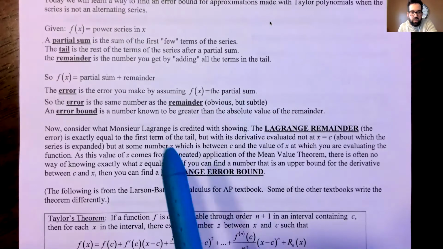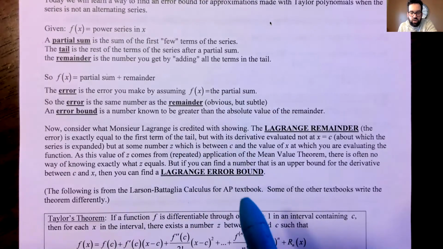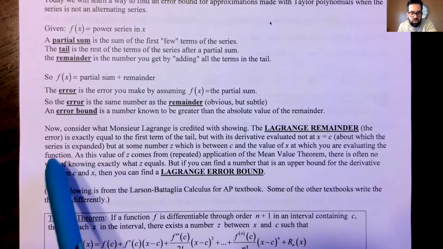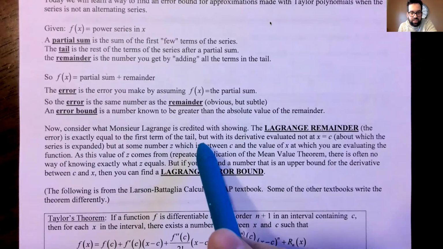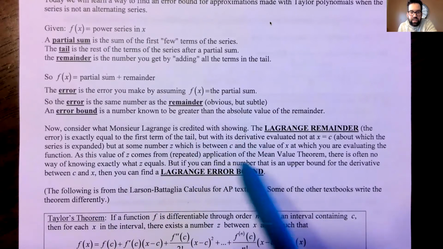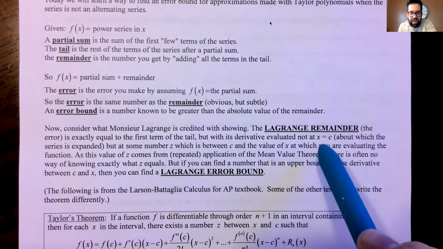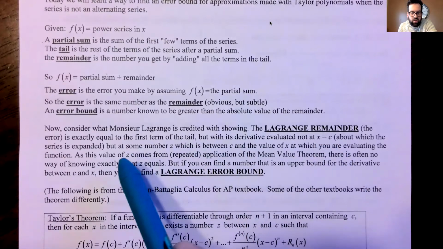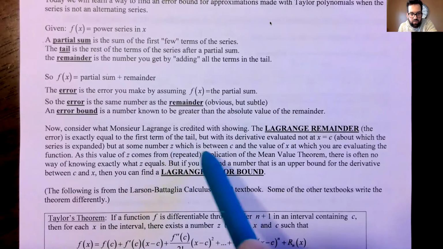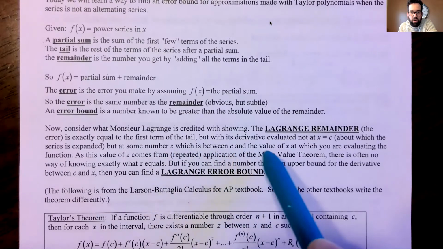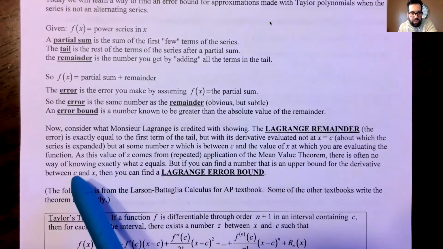So now let's consider what Lagrange is credited with showing. The Lagrange remainder, or the error, is exactly equal to the first term of the tail, but with its derivative evaluated not at x equals c, the center, but at some number z, which is between c and the value of x at which you are evaluating the function.